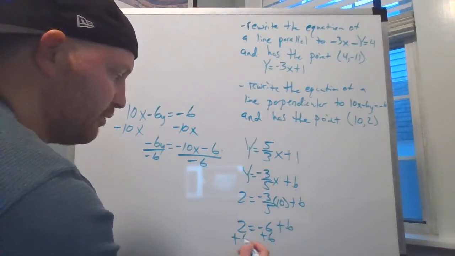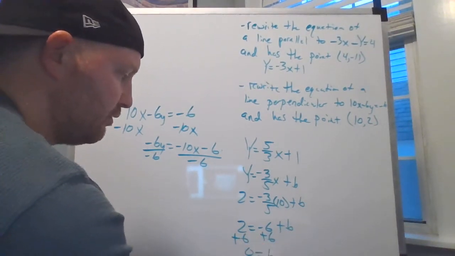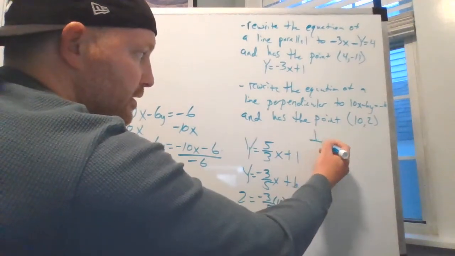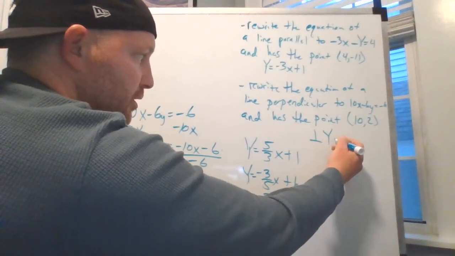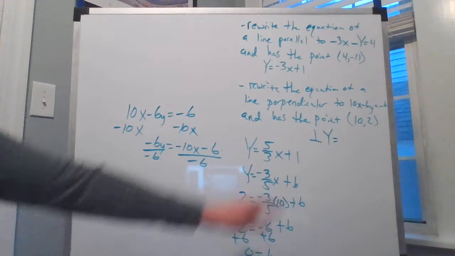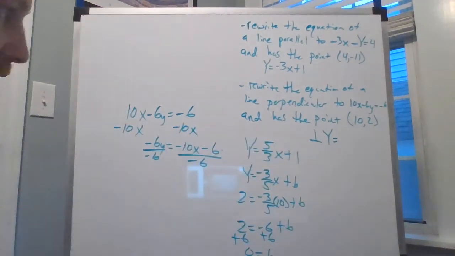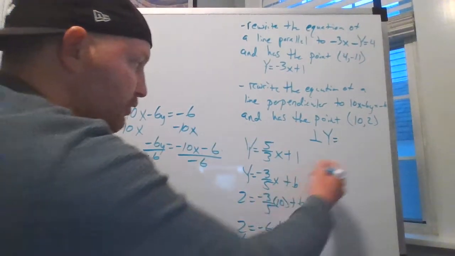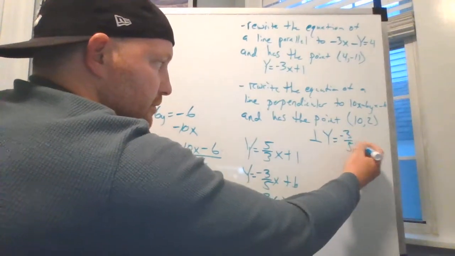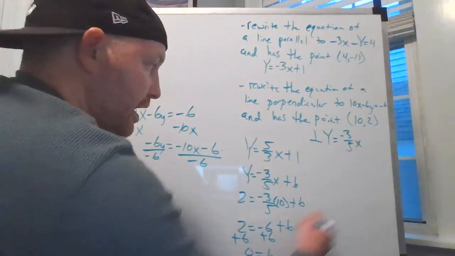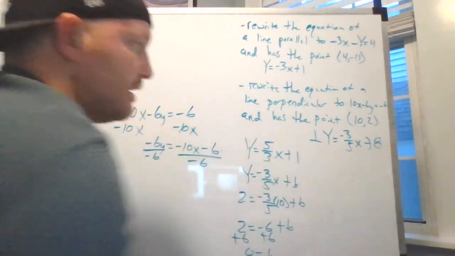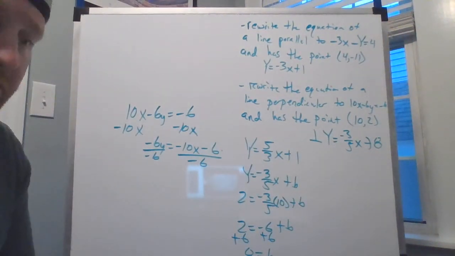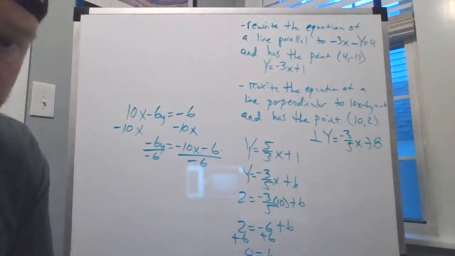I add 6 on both sides, and I get 8 equals b. So the perpendicular line, remember that's our slope, is y equals negative 3/5 x, and then our y-intercept is plus 8. That is how you do this. You will see this in today's work.